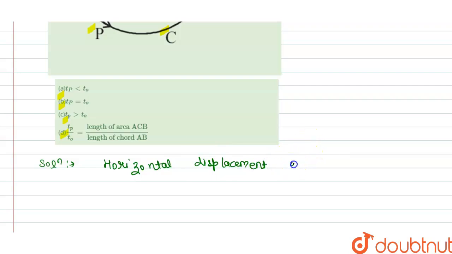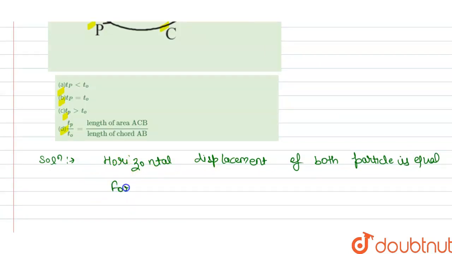For particle Q, the horizontal velocity is always equal to v, and for particle P, at the start of the motion it will be accelerated and this causes an increase in velocity.